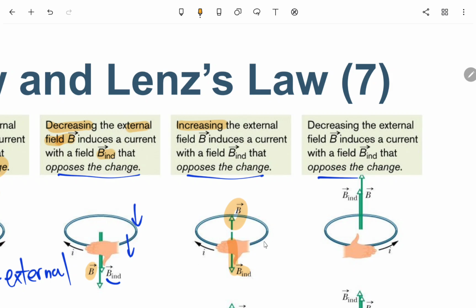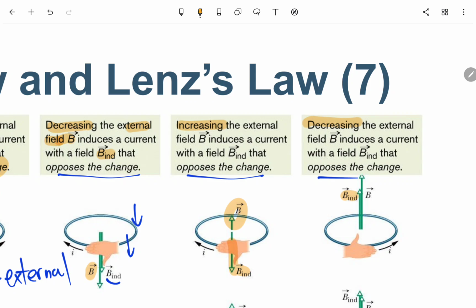Okay. So for the next case, the B field goes to the maximum point and then starts to decrease. So the magnetic flux is also pointing upward and starts to decrease. So the B induced tries to offset this change, it opposes the change.